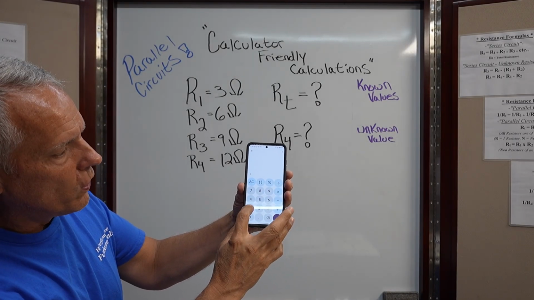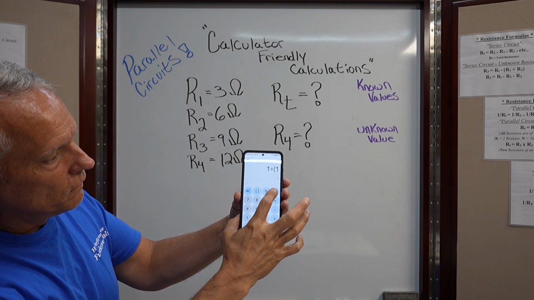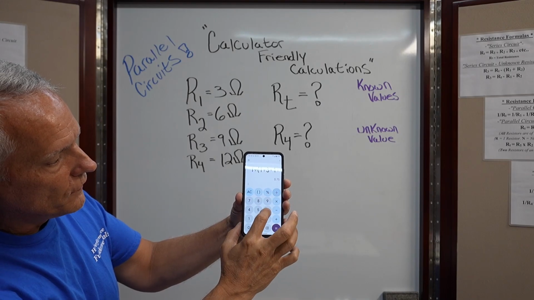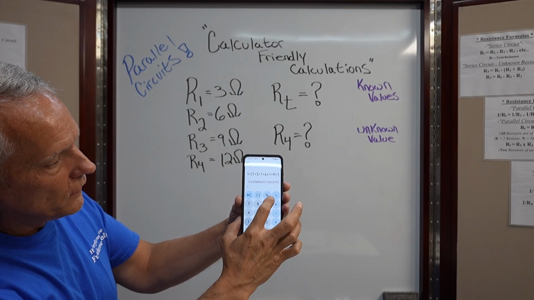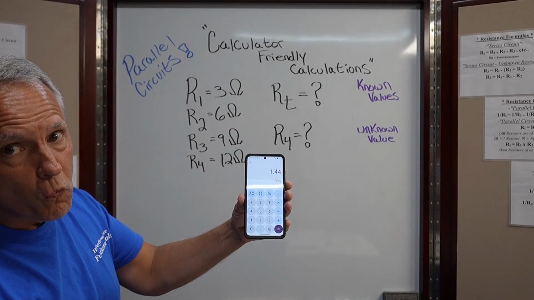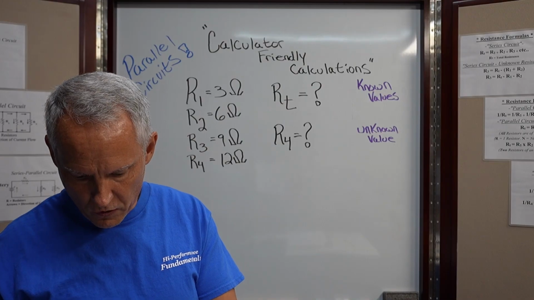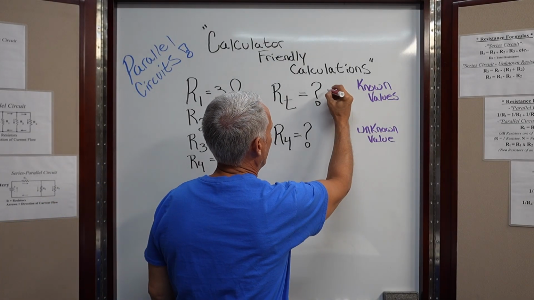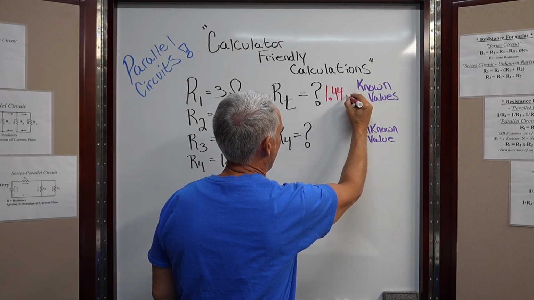So we'll take 1 divided by, parentheses, 1 divided by 3 plus 1 divided by 6 plus 1 divided by 9 plus 1 divided by 12, parentheses, equals 1.44 ohms. So the total circuit resistance would be 1.44 ohms. So let's put that value right here. We have found the total circuit resistance, and we know now that it is 1.44 ohms.